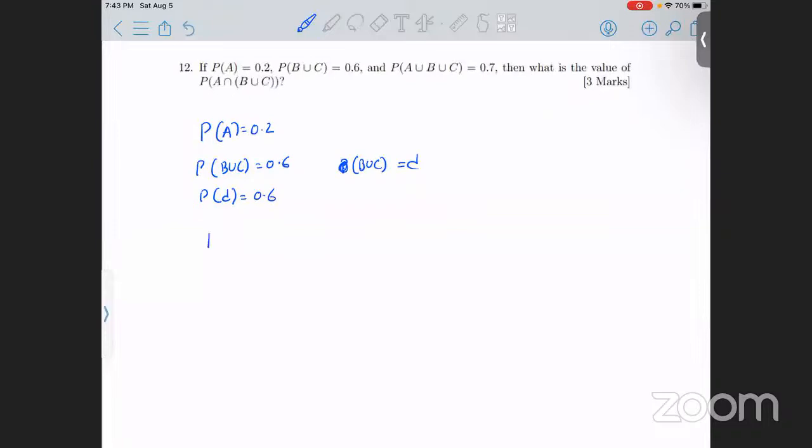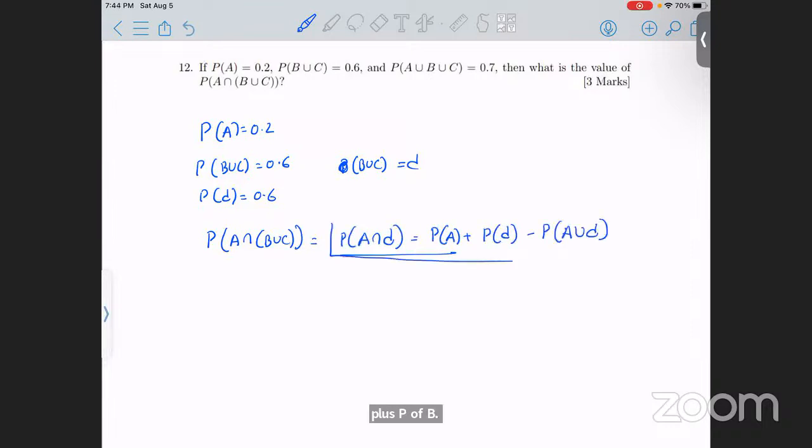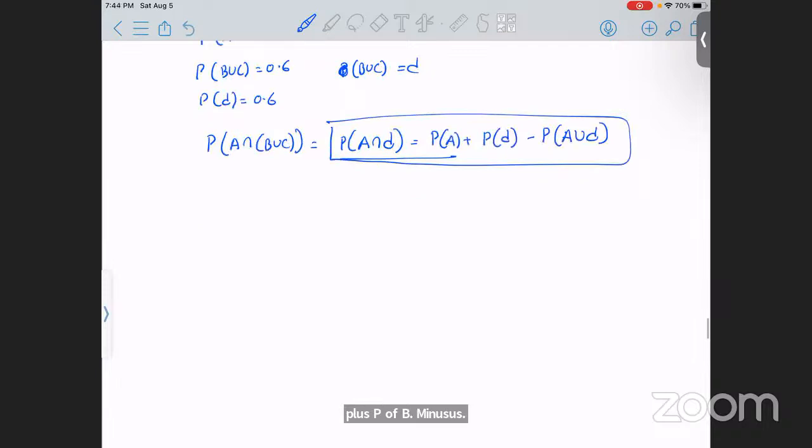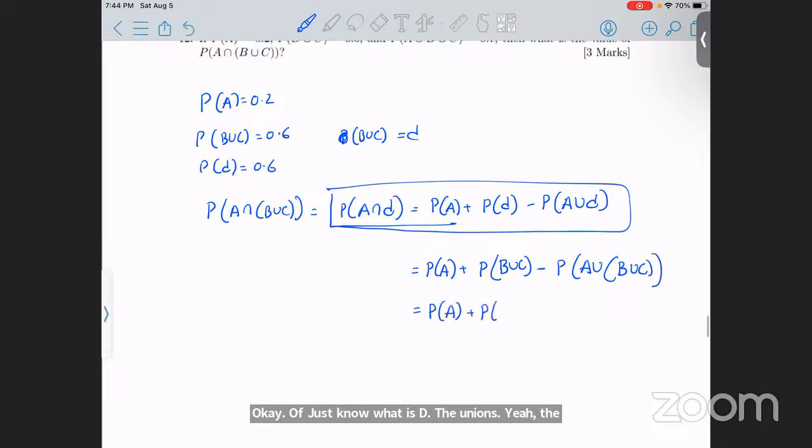Now they ask P of A intersection B union C. You can write it as P of A intersection B, which can be written as P of A plus P of B minus P of A union B. Now substitute D. P of A plus P of B union C minus P of A union B union C.